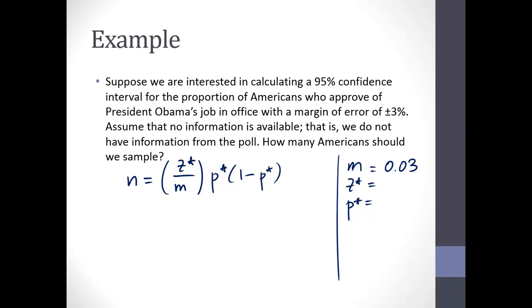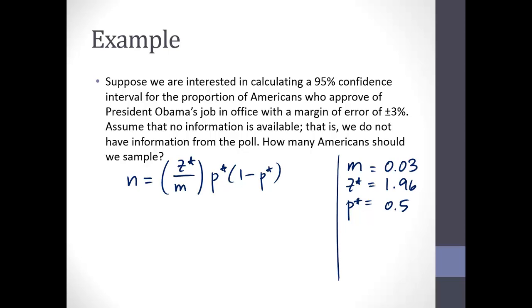Again, we just looked at this: my z star for a 95% confidence interval is 1.96. There we go. That's the enthusiasm I like to hear. And then my p star: I'm saying I have no information available, no prior information, so I'm going to use 0.5. I'm just going to guess that, and put that in there.